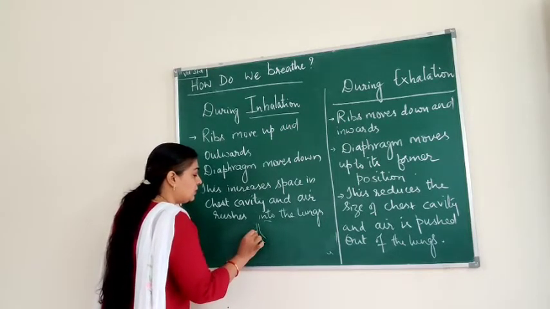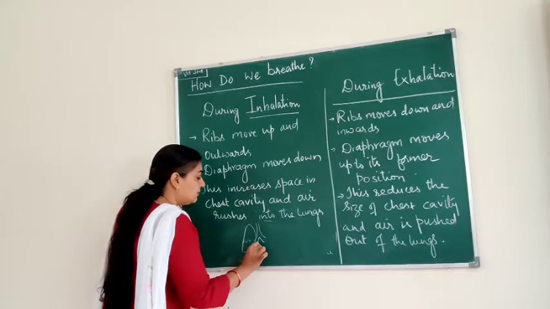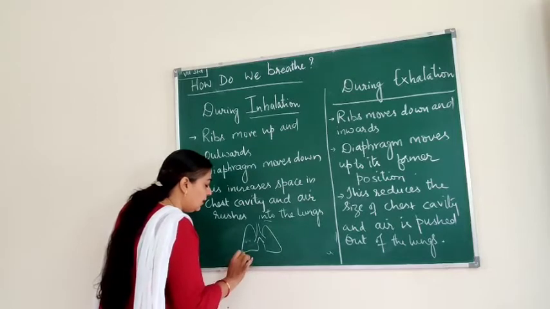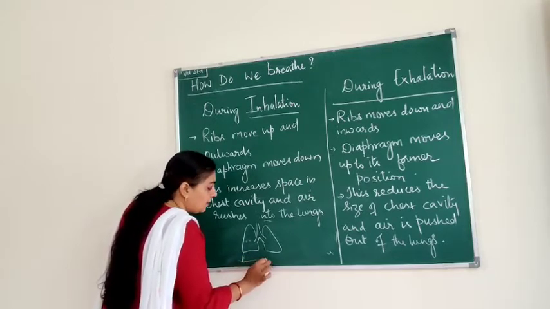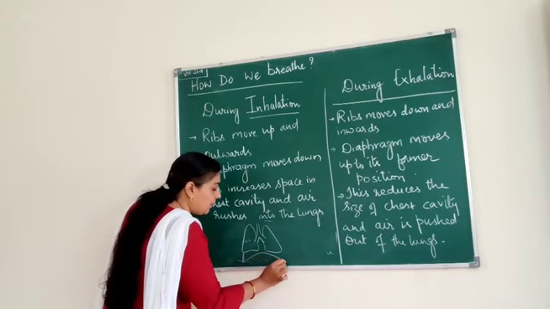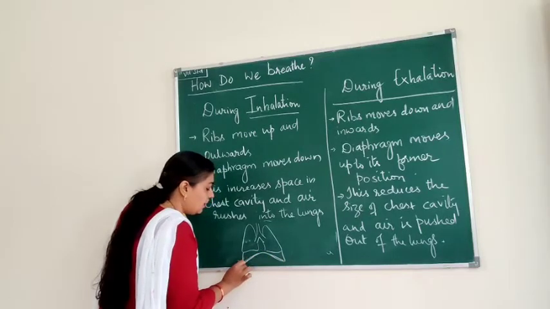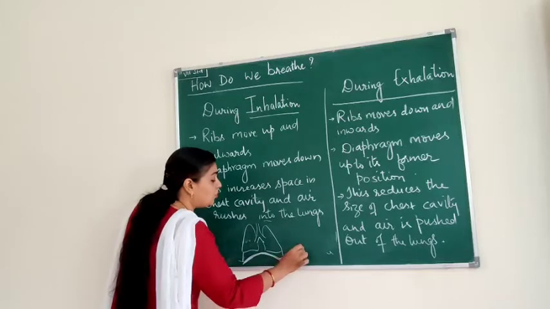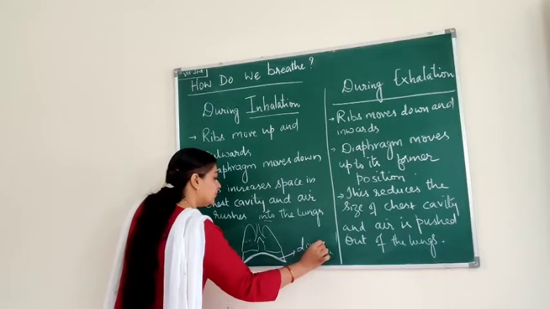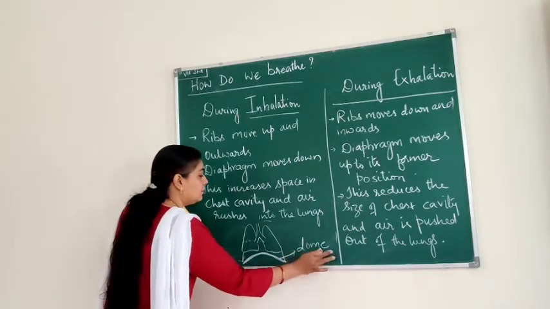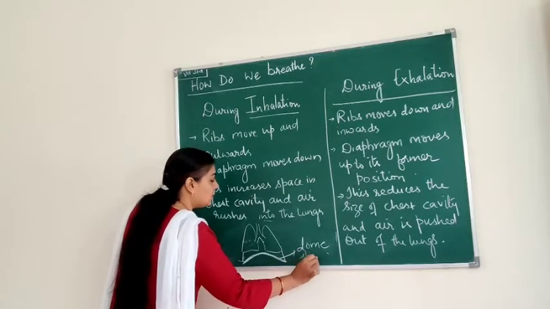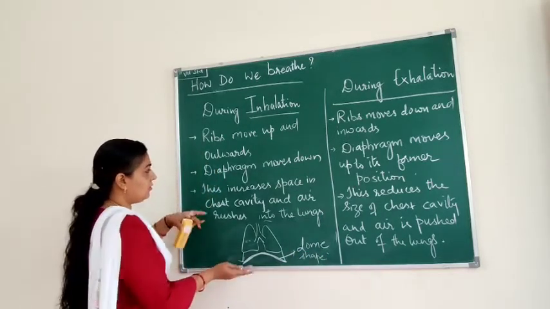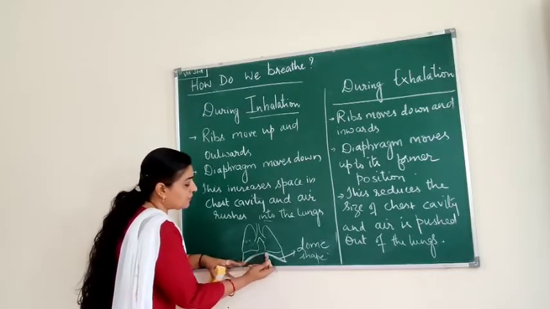Okay, and here we have that muscular membrane, that is the diaphragm. It is dome shaped. The diaphragm is a dome shaped structure. So it is always present like this.